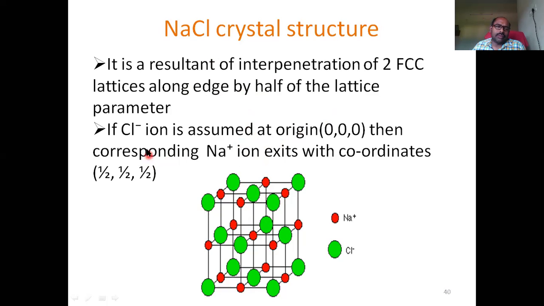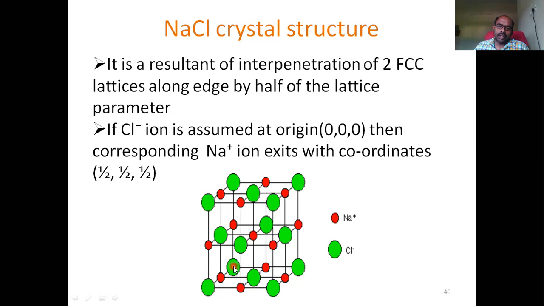If the Cl minus ion is assumed at the origin 0, 0, 0, then the corresponding Na plus ion exists with coordinates 1 by 2, 1 by 2, 1 by 2, just like that.